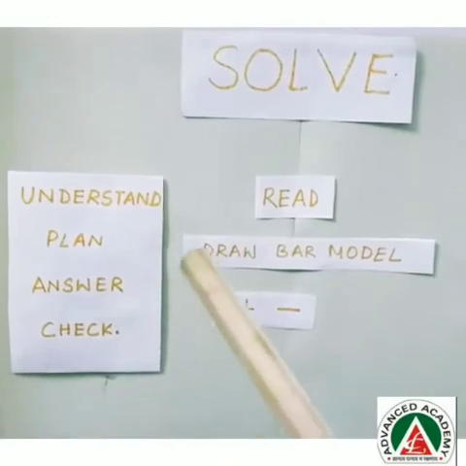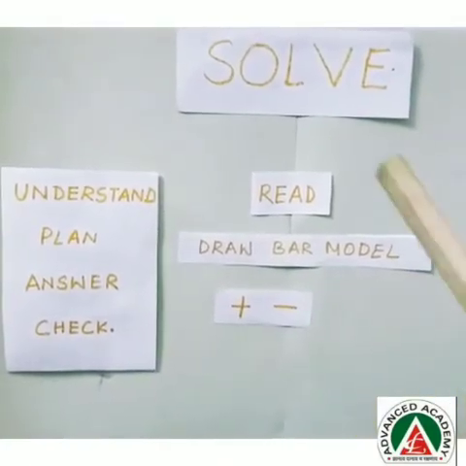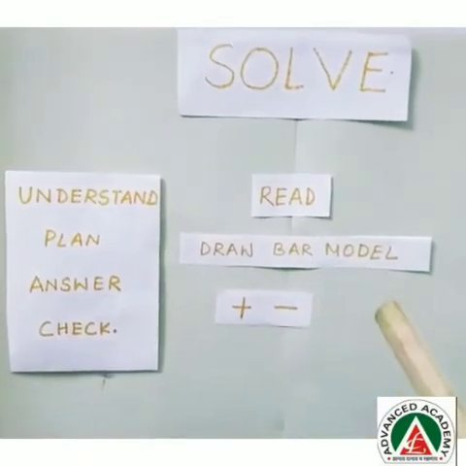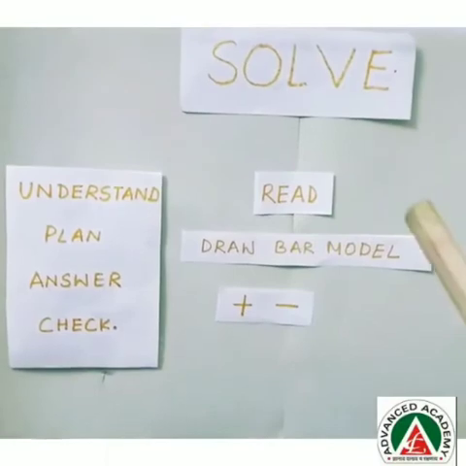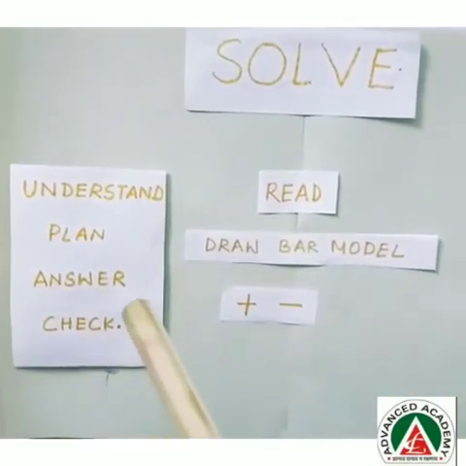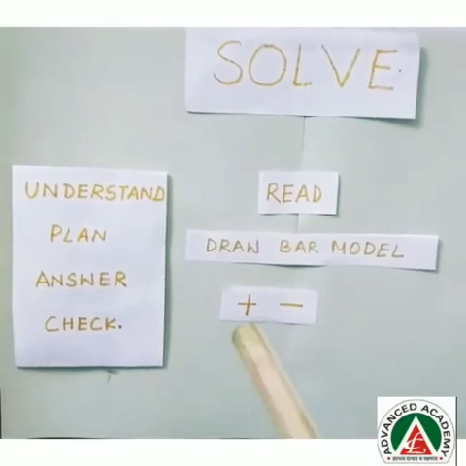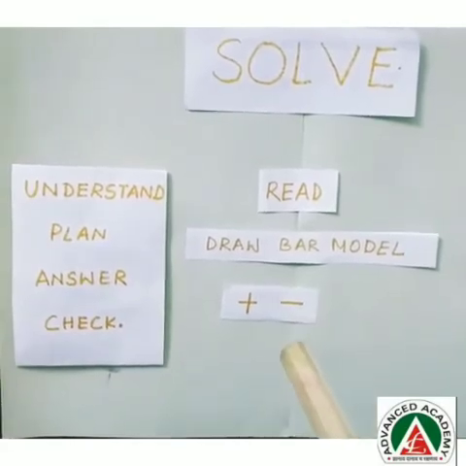After underlining the numbers given in the problem, we can draw the bar model. We can understand what the problem is telling us. Answer. Answer means which operation to operate, like addition or subtraction.